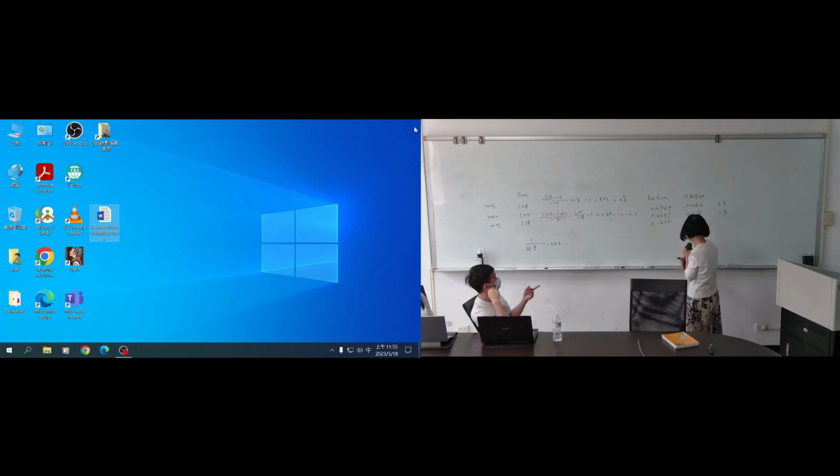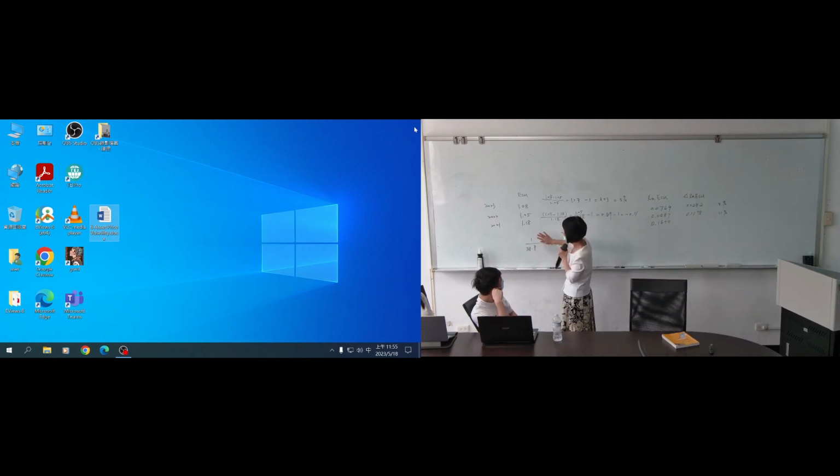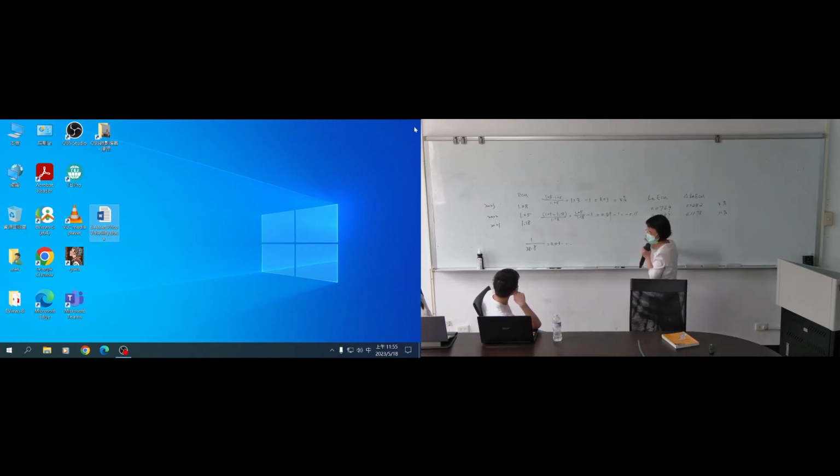Is that what we all used to do? Yes. So we use the original foreign exchange rate, then make it a natural log. Then do the difference, which means we study the rate of return of the currencies.